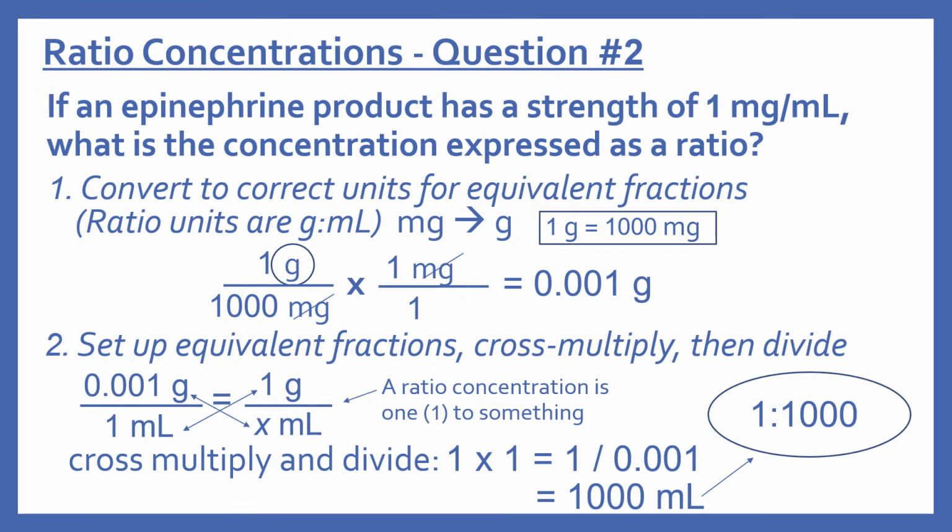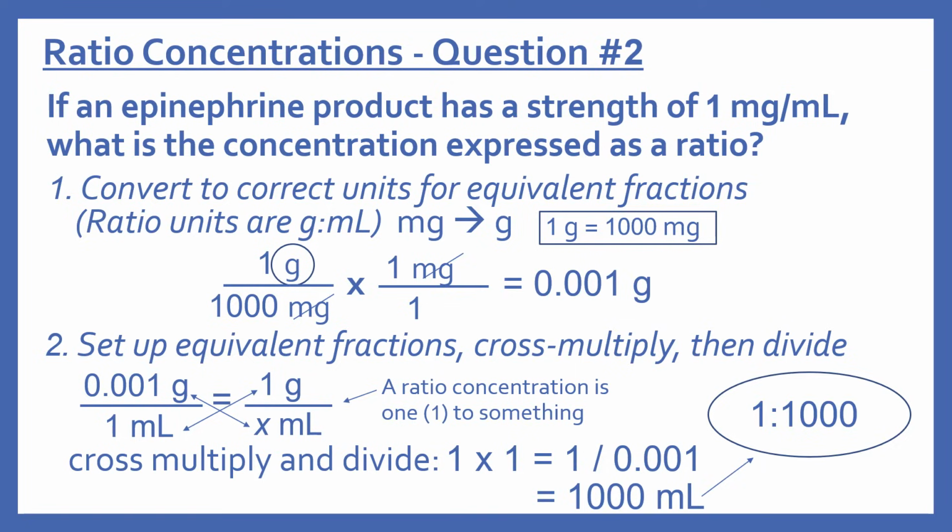Okay, ratio concentrations question number 2. If an epinephrine product has a strength of 1 milligram per milliliter, what is the concentration expressed as a ratio? So first we need to convert to correct units for equivalent fractions. Remember the ratio units are grams to milliliters.